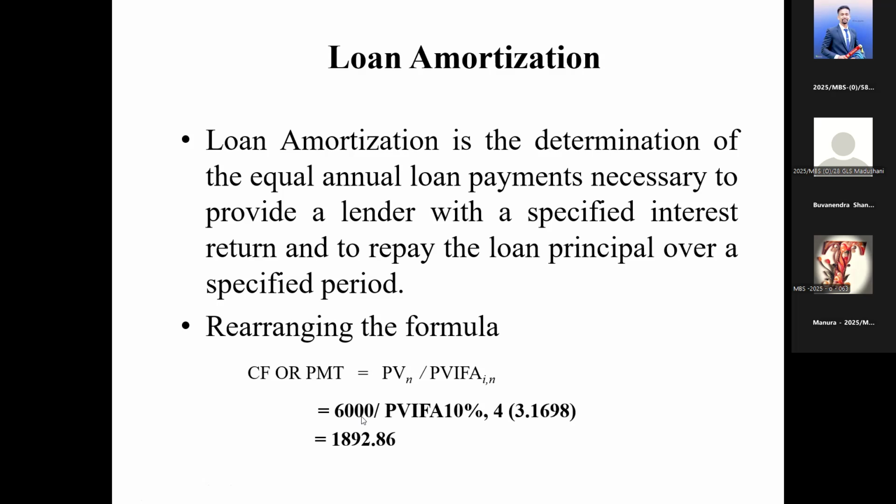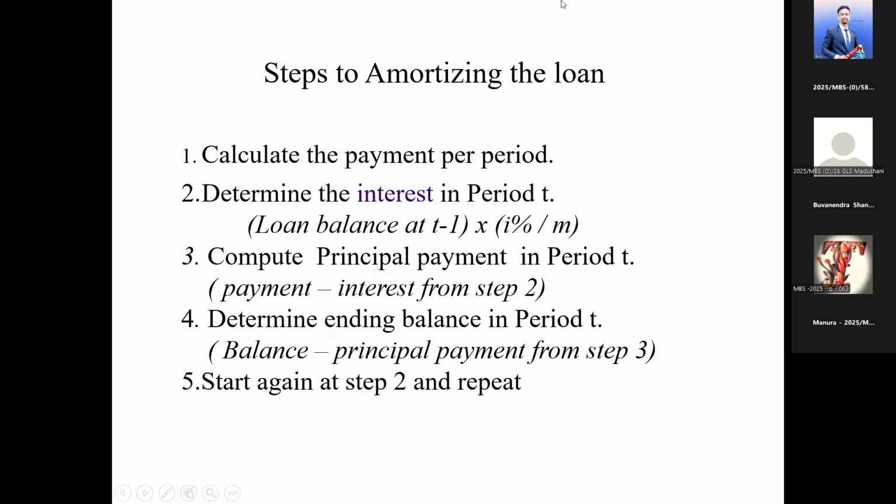Here I considered it as annual, so I directly take it. So that is what this first step talks about: the installment calculation, the PMT part. Second, we need to see how much interest and how much principal we are paying. To decide the interest for the period, you need to take the previous period's loan balance.